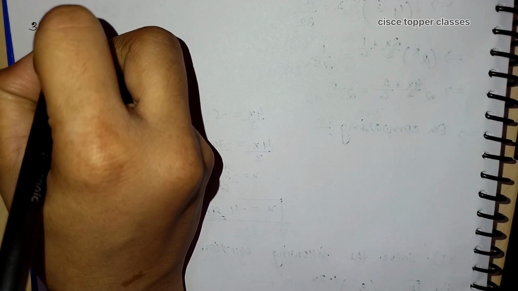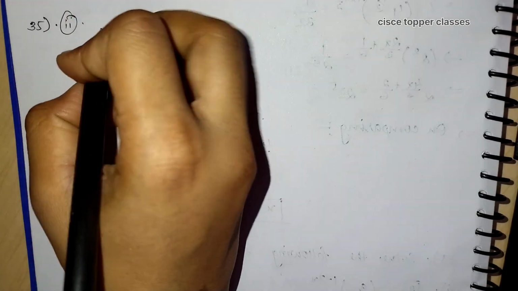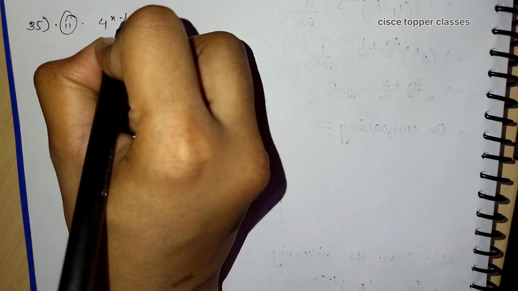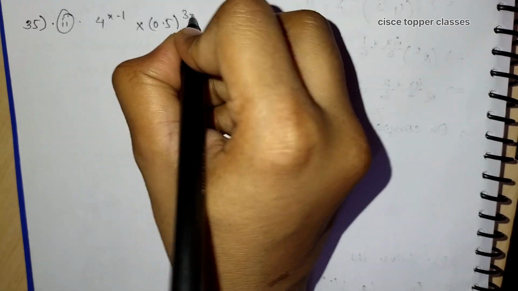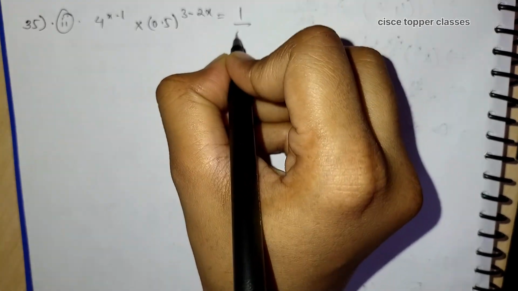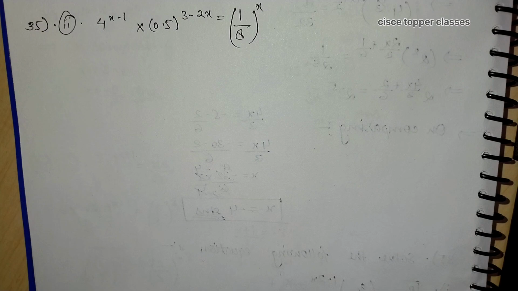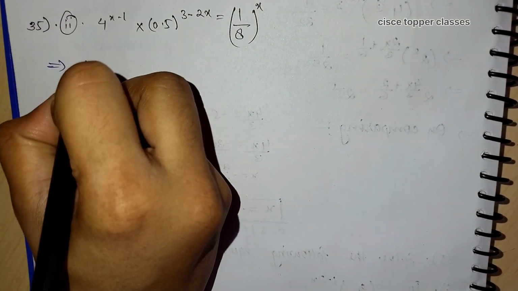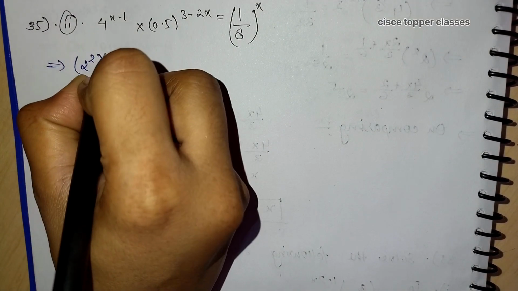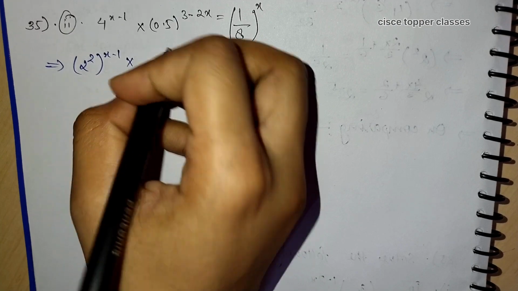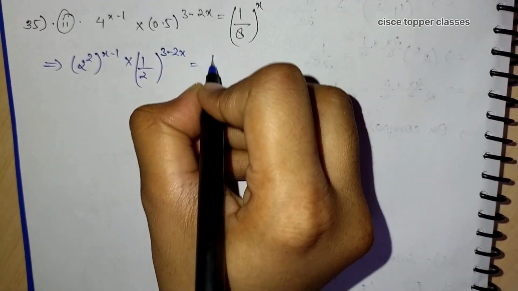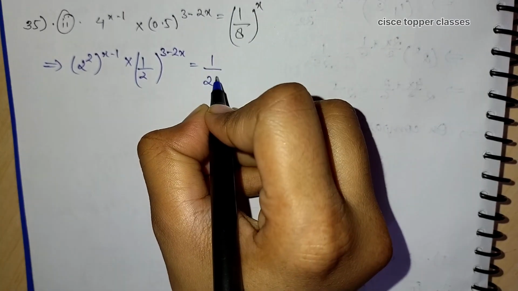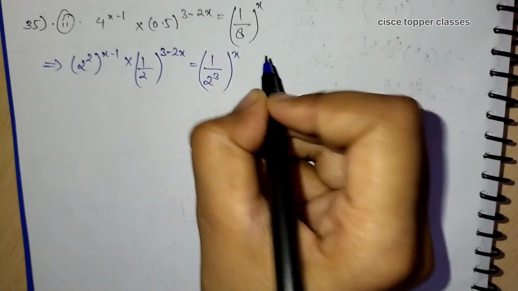Here we are going to solve the 35th second question. So it is 4 to the power x minus 1 into 0.5 to the power 3 minus 2x equal to 1 by 8 to the power x. Simply we can write it as 2 to the power 2 whole to the power x minus 1, into 1 by 2 whole to the power 3 minus 2x, equal to 1 by 2 to the power 3 whole to the power x.